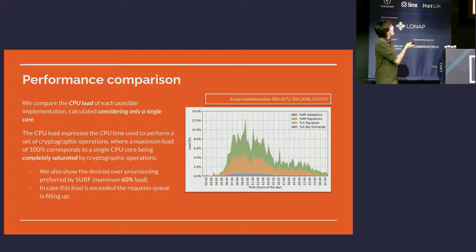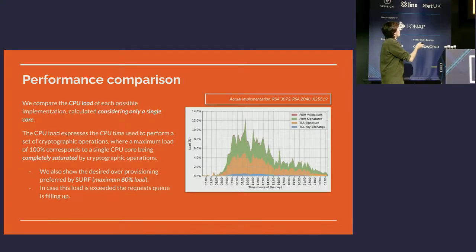So, a maximum load. Here we show a CPU load, which expresses the CPU time that is used to perform a set of cryptographic operations, and 100% means that a single core is being saturated by cryptographic operations, which means that the user has to wait for their authentication to happen.